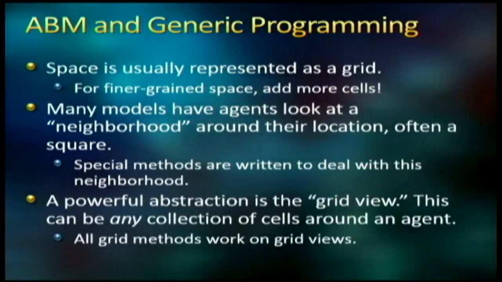So we need a concept of space. Typically, this is done as a grid. It makes it simple to handle rather than handling a Cartesian plane. And when you need finer grained space, you put more cells in the grid. There's a limit to that, of course, but typically these things are done as grids.